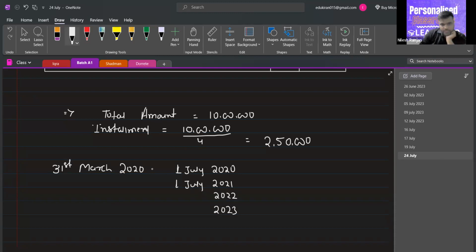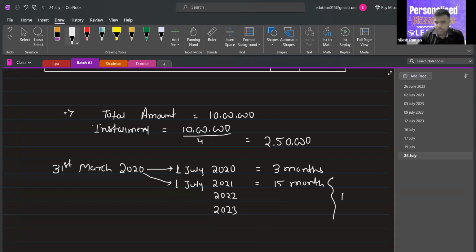So from here to here, it is only 3 months. From here to here, it is 15 months, so it is more than 12 months. And then these are also 27 months and 39 months. So these all three are payable after 12 months. But the first one is payable within 12 months.